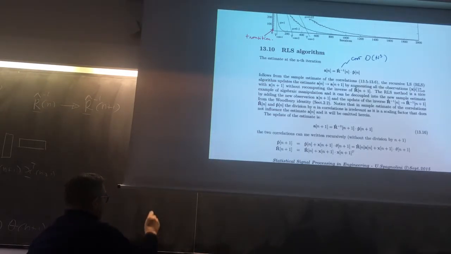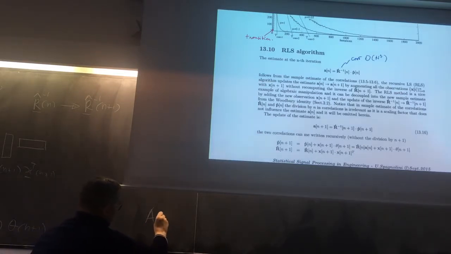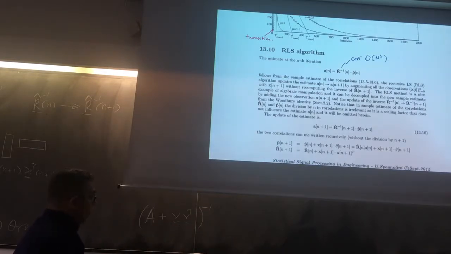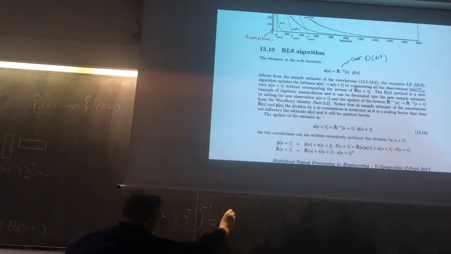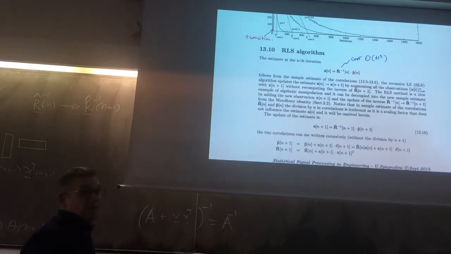If you have a matrix A and you already have the inverse for that, and you update the matrix with a new matrix B transpose and you want to compute the inverse for that, this is equal to the inverse of the matrix plus something. Anyway, plus something.